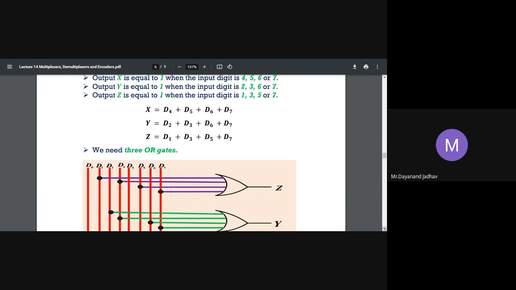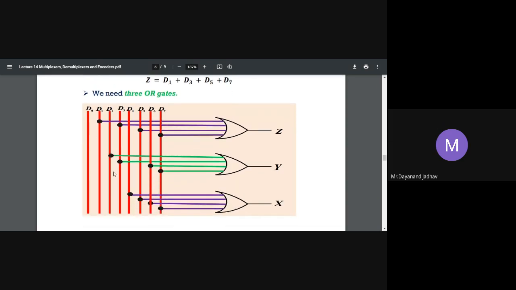Then by using these logic expressions for x, y, and z, we need to consider OR gates: first OR, second OR, and third OR. Therefore, three OR gates are required, and the inputs are D0 to D7, the 8 inputs.